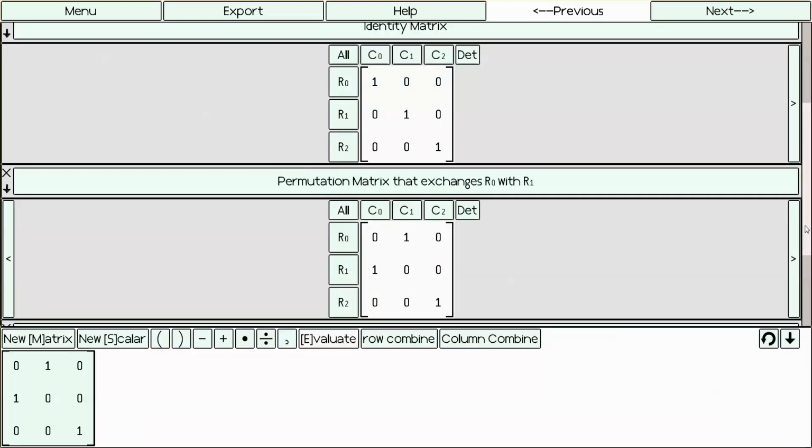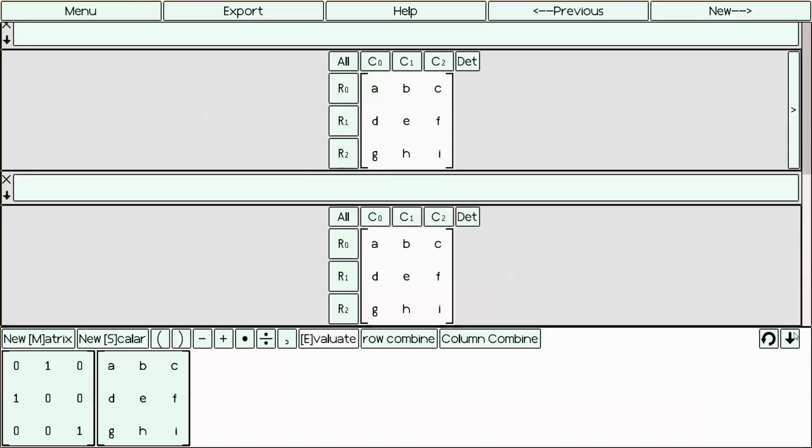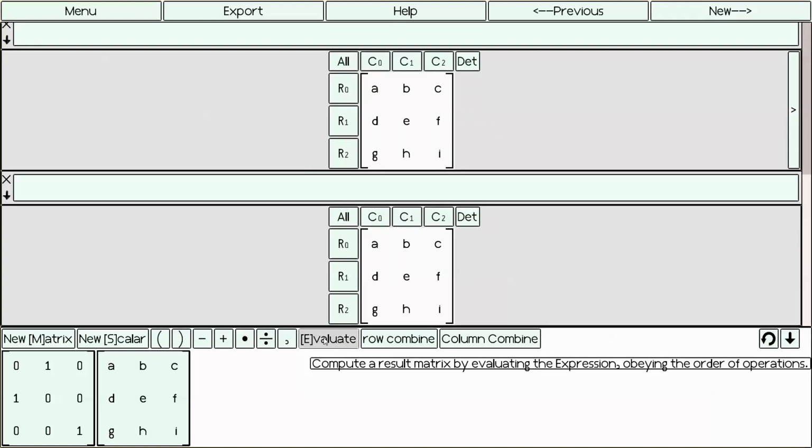Let's look at this. So we have the permutation matrix, P, times the generic matrix. We go over here, and we're going to evaluate it. And the result is that row 0 and row 1 have been swapped.